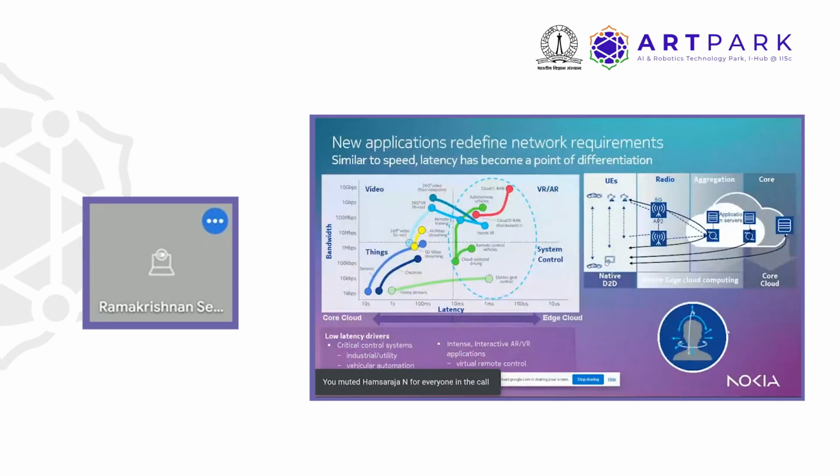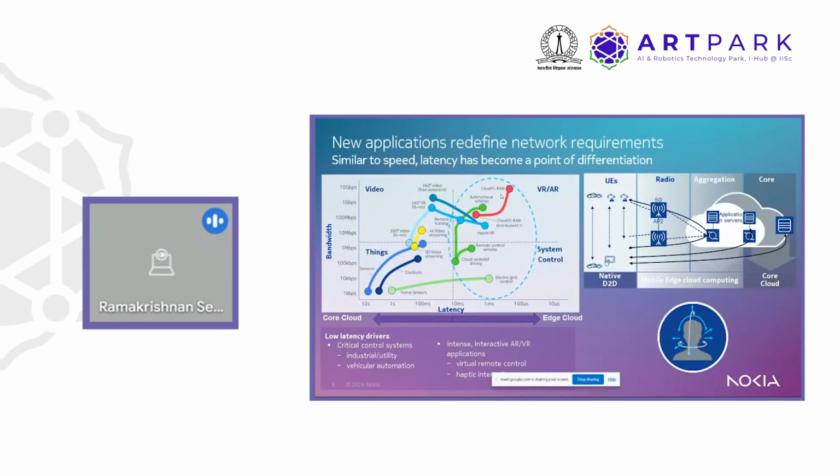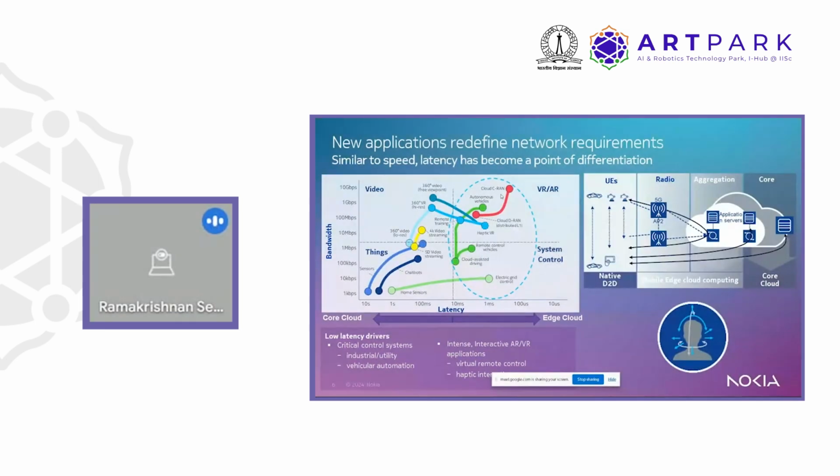Okay. So on the left, if you look at this particular graph, it maps the latency with the bandwidth, and it puts in the requirement of certain use cases that have been highlighted in terms of how much bandwidth they would probably require and how much would be the permissible latency that they could work with.